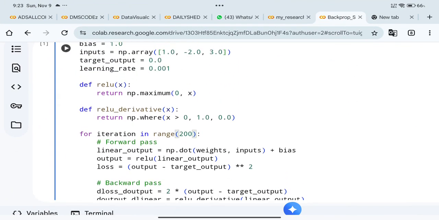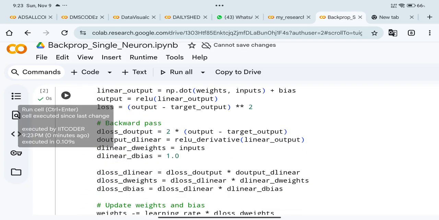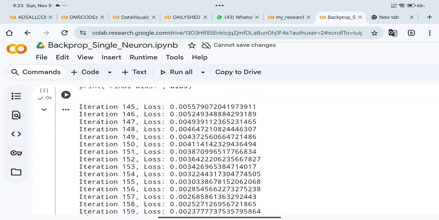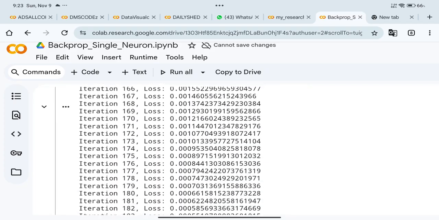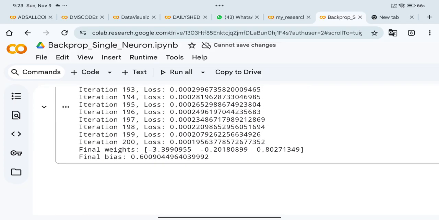I will run the code again. Now you can see my loss after 200 iterations. 200 iterations means I go forward pass, backward pass, forward pass, backward pass, 200 times. After that I got my loss equal to 0.000195 something.